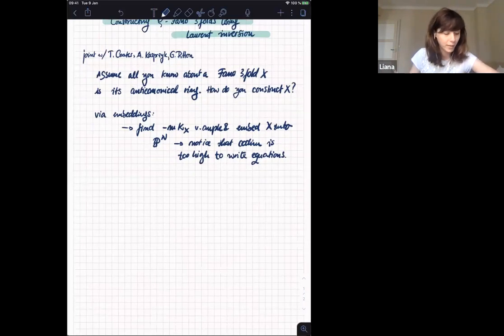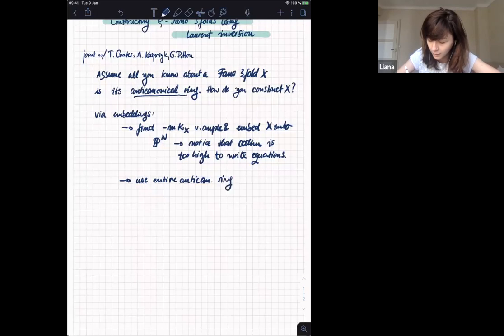Okay, you try to do a bit better. The second type of embedding, in which you use the graded ring structure of the anticanonical ring, right? Because I said you know all of it. So use the entire anticanonical ring to embed, very similarly, into a weighted projective space, which I will denote just P, and then you'll have some weights, let's say up to 8K.